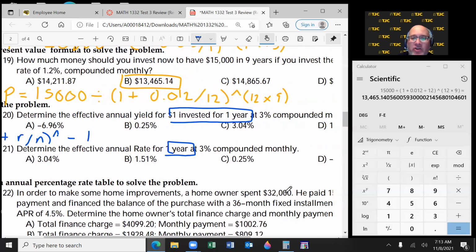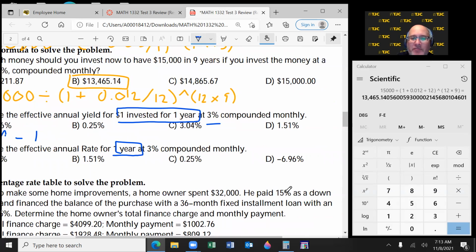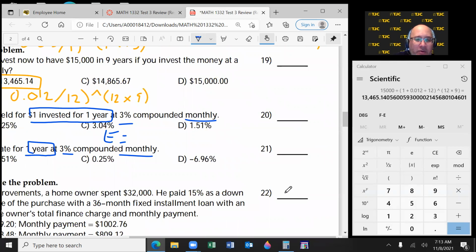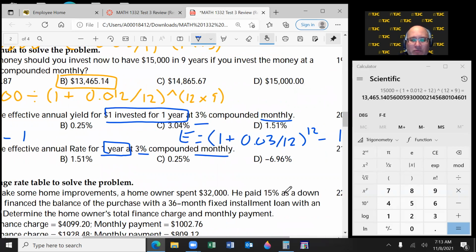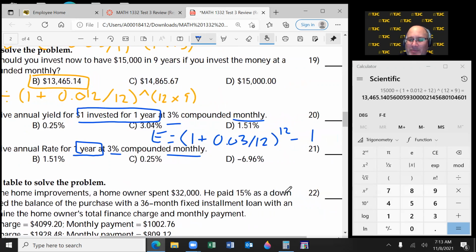All you need is the R and the N. So 3% compounded monthly, the N is 12, 3% compounded monthly, the N is also 12. For this question, number 20, it would be 1 plus 0.03 divided by 12, close parentheses, to the 12th power minus 1. And in fact, it'd be the exact same thing for number 21, because the rate and the N are the same for both. So we'll get the same answer for both.